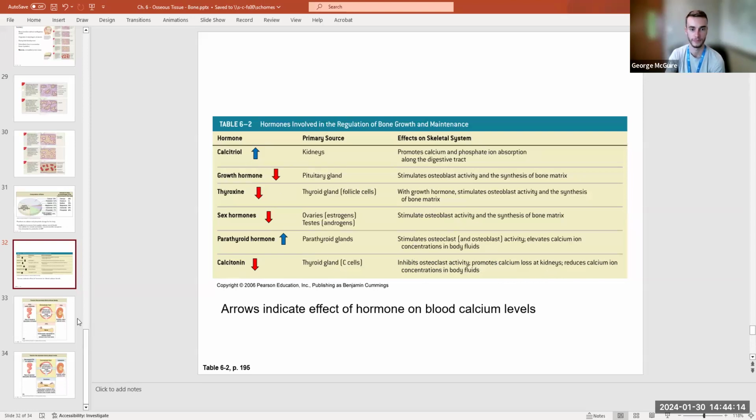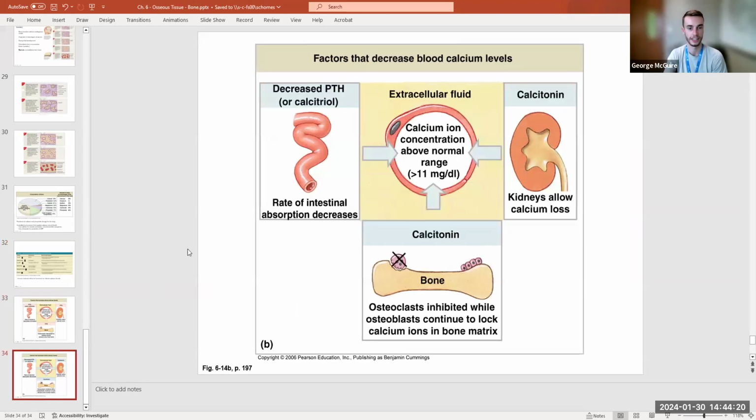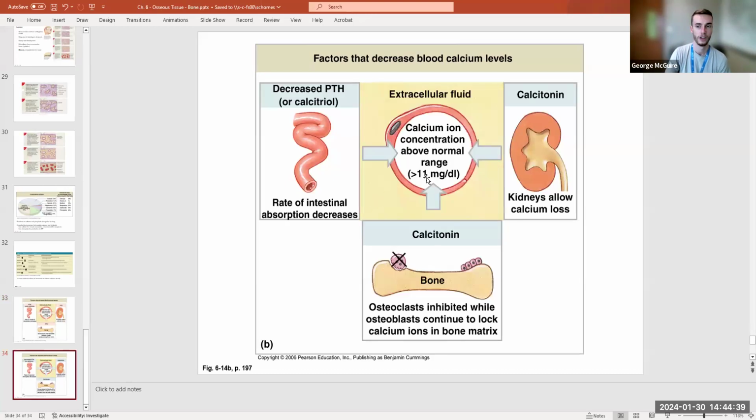So let's take a closer look at that. So we've got two figures looking at factors that increase blood calcium and looking at factors that decrease blood calcium levels. And so basically the threshold that is going to stimulate this response, stimulate this release of hormones, is any ion concentration below 8.5 milligrams per deciliter, or any ion concentration above 11 milligrams per deciliter.